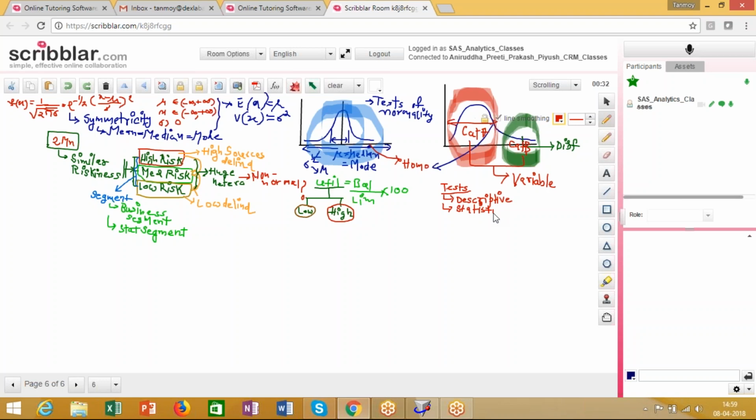Within the descriptive measures, there are again two parts. One is the absolute descriptive measures, including measures of central tendency, and the third type of measure we have is the relative descriptive measures.